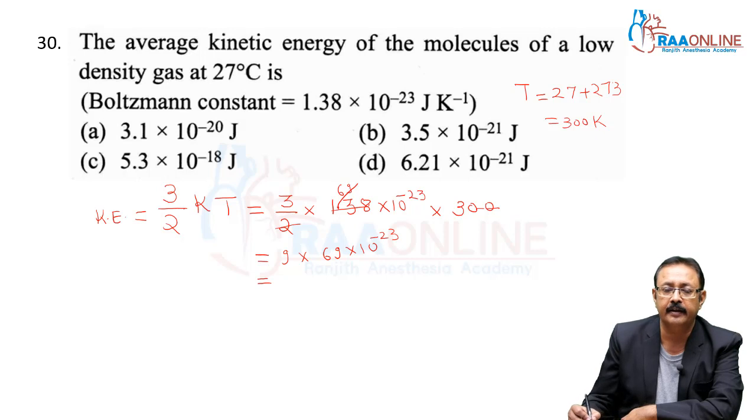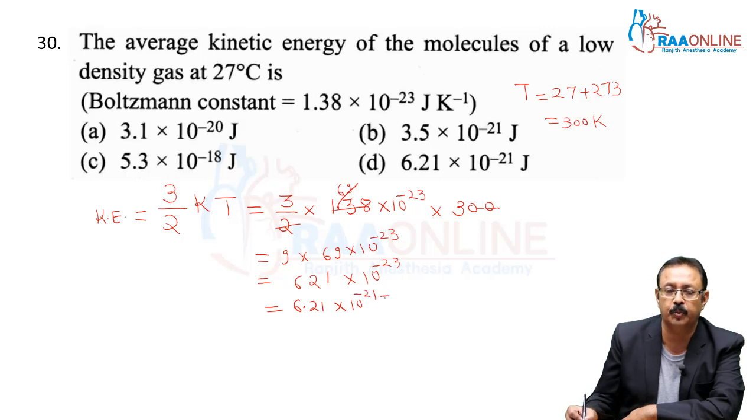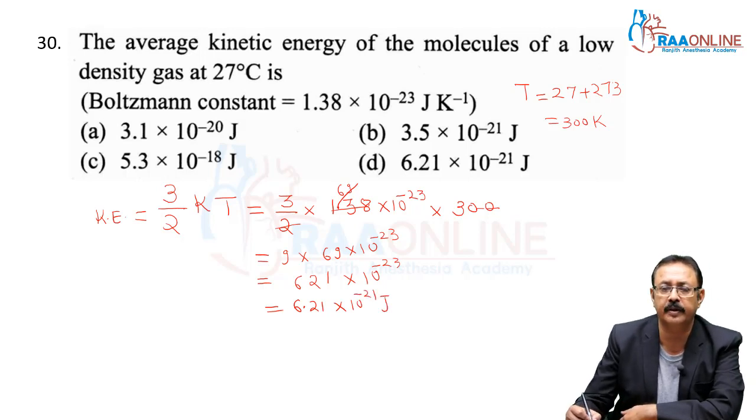What we are getting? 9 9s are 81, 8. 9 6s are 54 and 8, 62. When we are writing in 10 to the power, decimal should be one place after this. So 2 zeros are free, 6.21 into 10 to the power minus 21 joule. So we are going with option D.